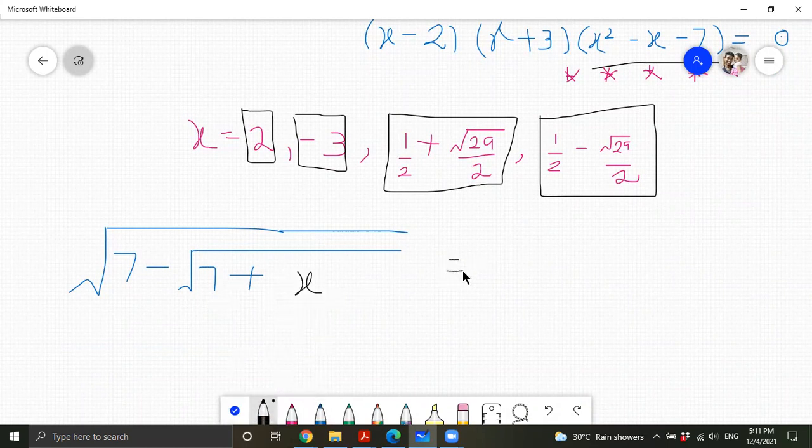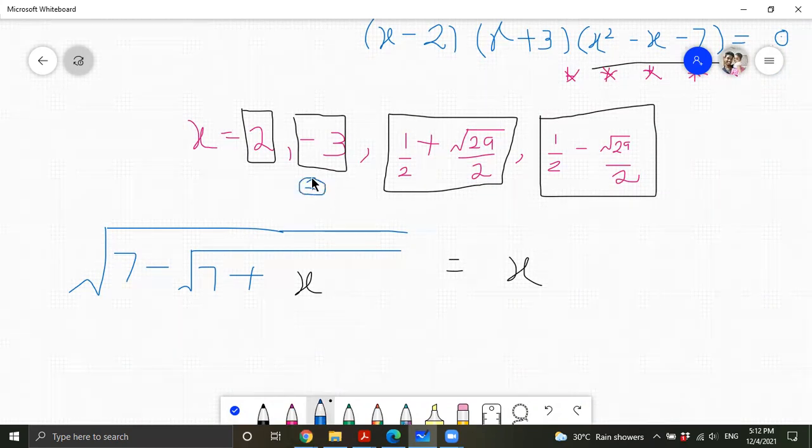And it's going to be x. So I put minus 3 here, right? First I'll try with this.